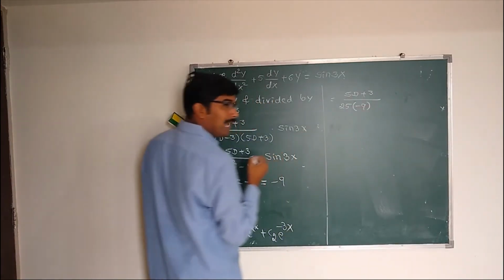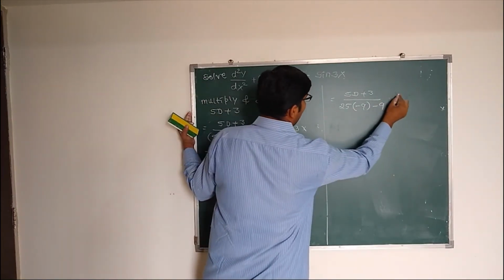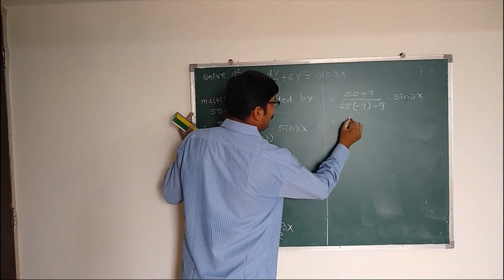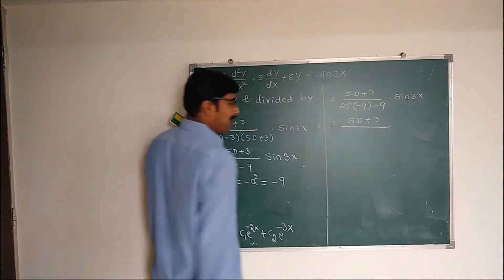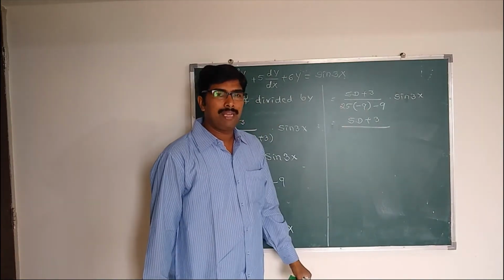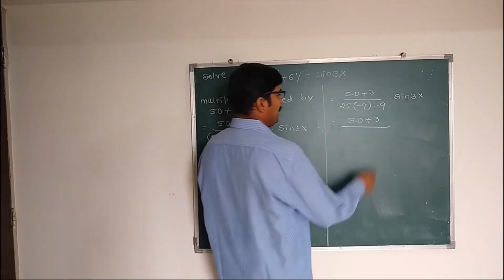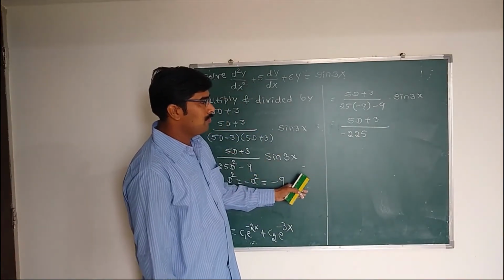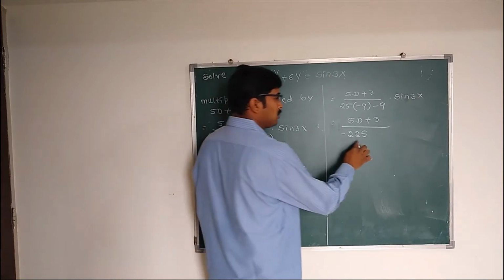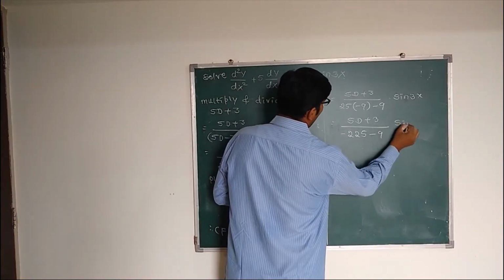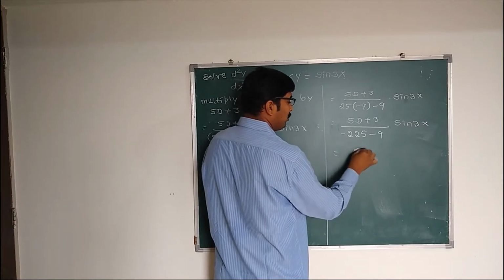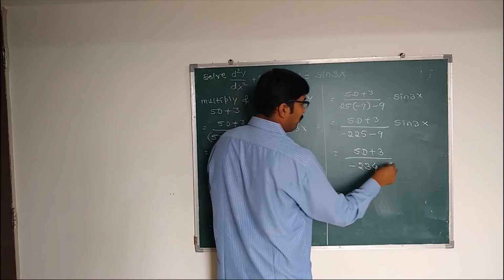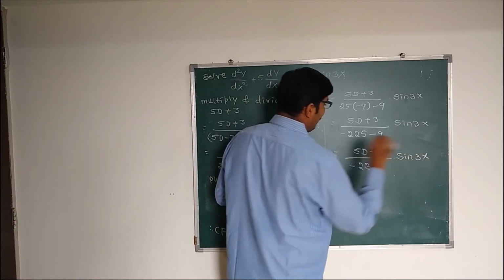I will write minus 9 of sine 3x is equal to 5D plus 3 divided by, what is 25 into minus 9? 25 into minus 9 is minus 225. 9 into 5 is 45, 18 plus 4 is 22, so minus 225 minus 9 is minus 234 of sine 3x.